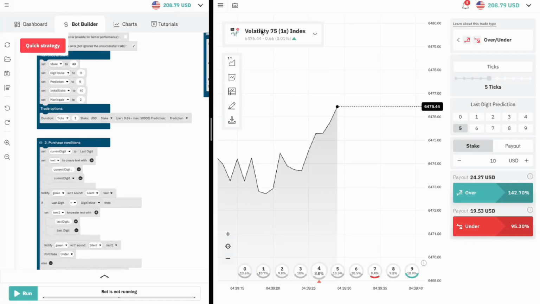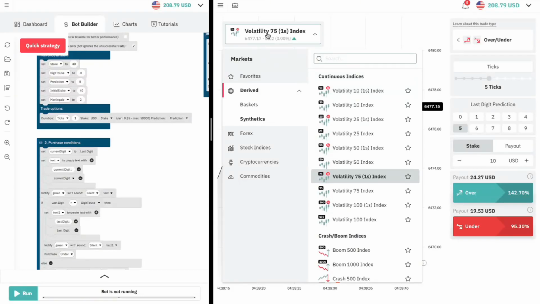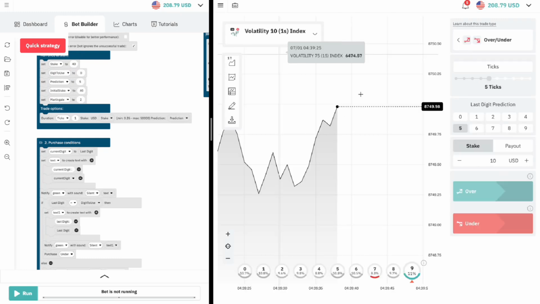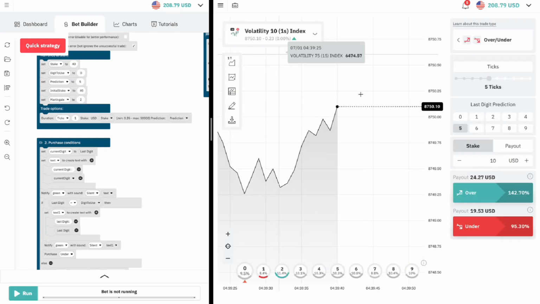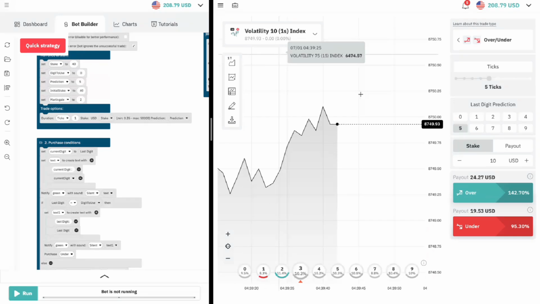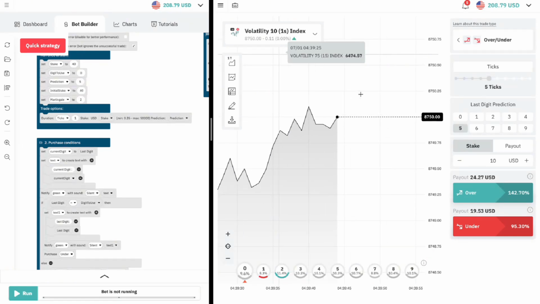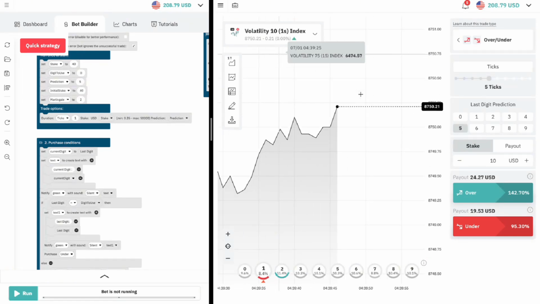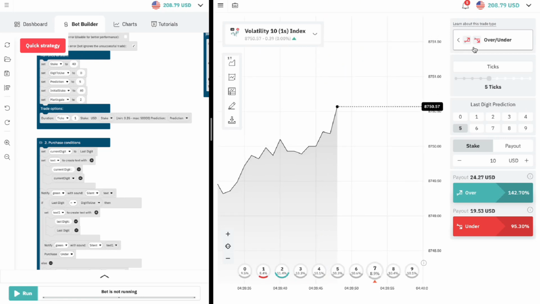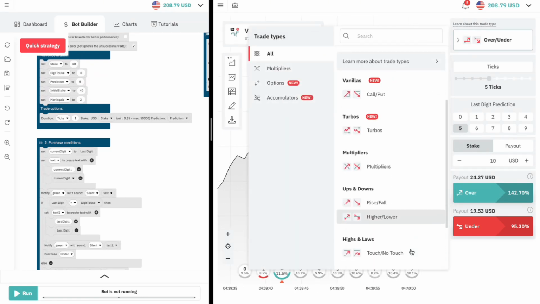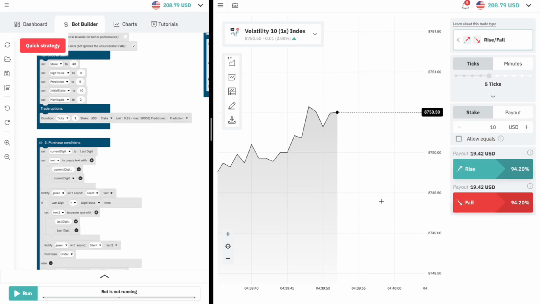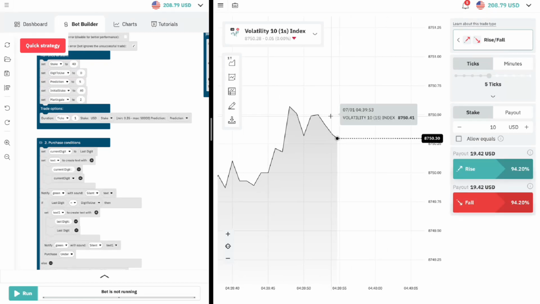Yeah, it changed. So if this changes, we can always find another market. It's not a must for us to do that.